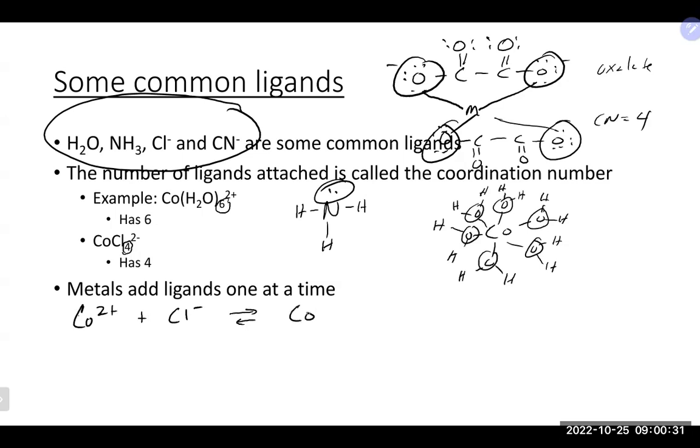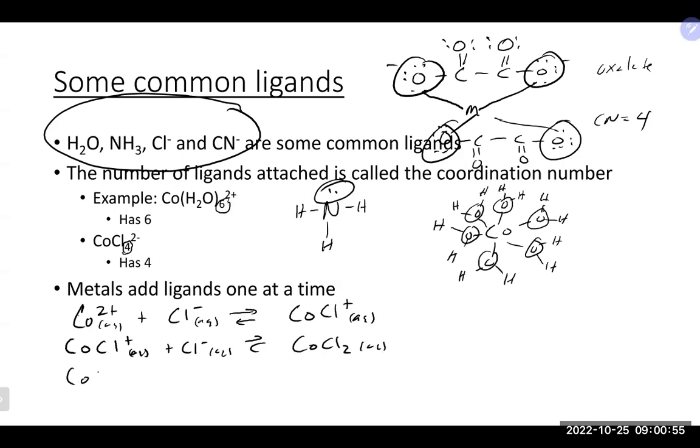and you would get CoCl+. And then what would happen is the CoCl+, these are all aqueous, by the way, would then pick up a second chloride and make CoCl2.